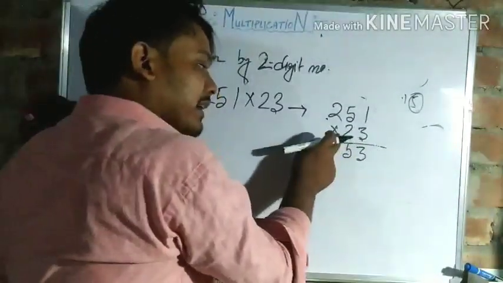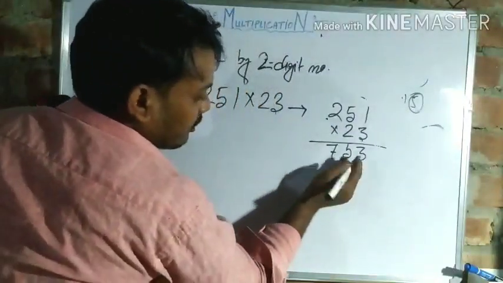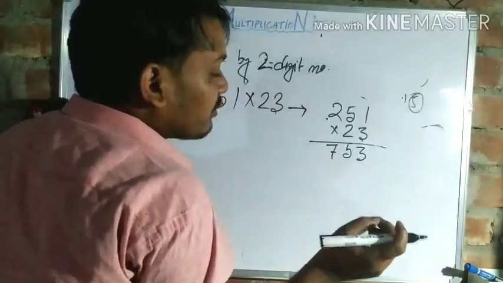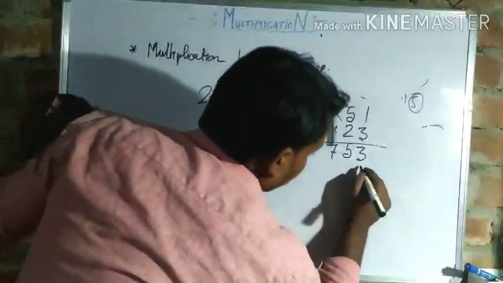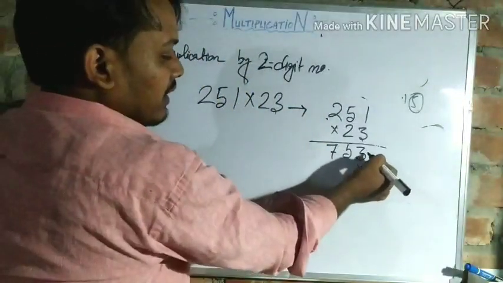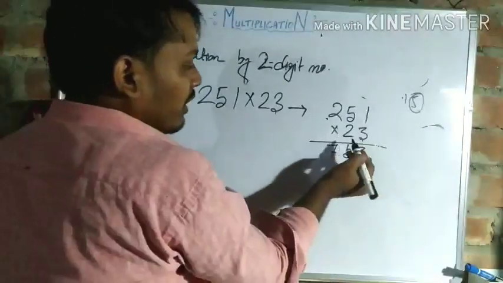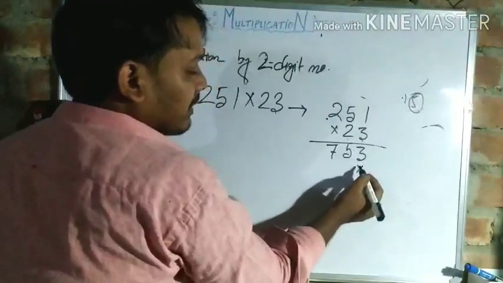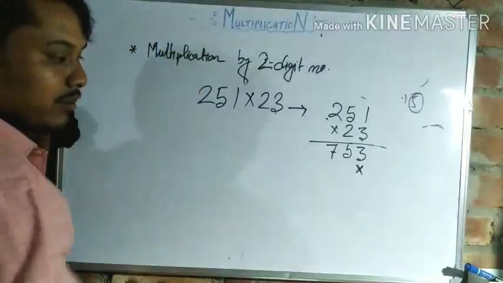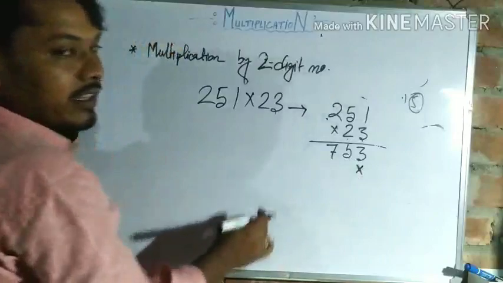Now we multiply by 2 and write the result in the lower row. One rule is there: we put a cross or 0 at the last place, below the last digit. So when we multiply with the second digit, we put a cross below the last digit, then multiply with 2 and write the result here.